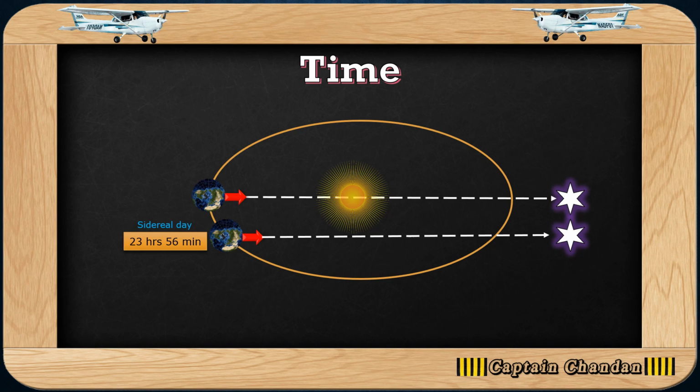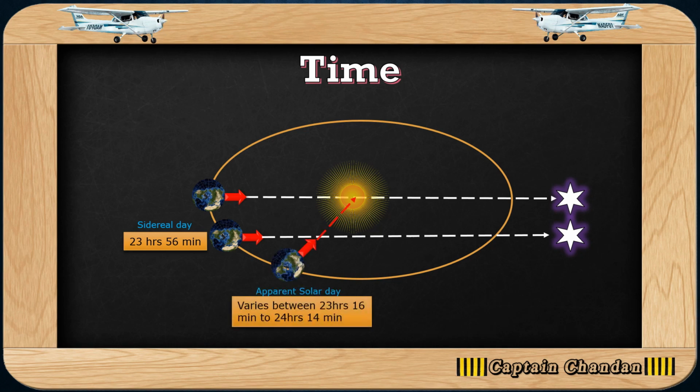That is called a sidereal day. And after some time, Earth rotates and points to the sun. That is called an apparent solar day, and it varies between 23 hours 16 minutes and 24 hours 14 minutes.